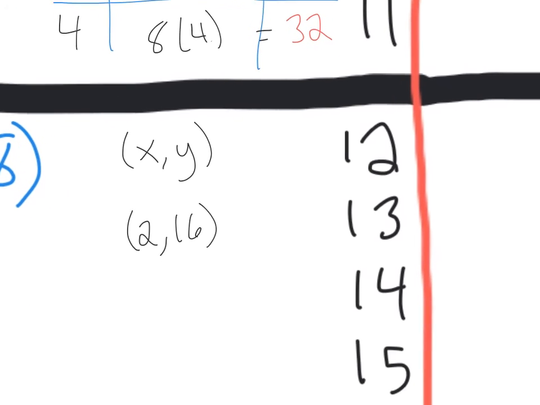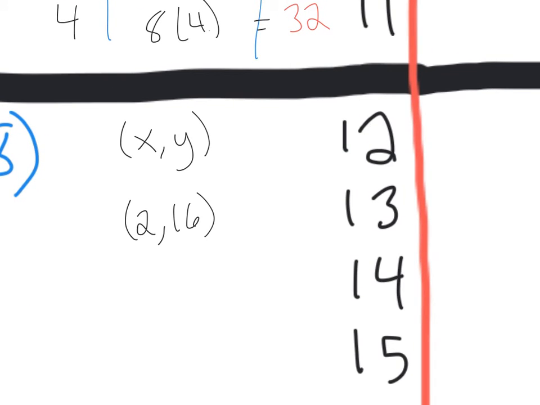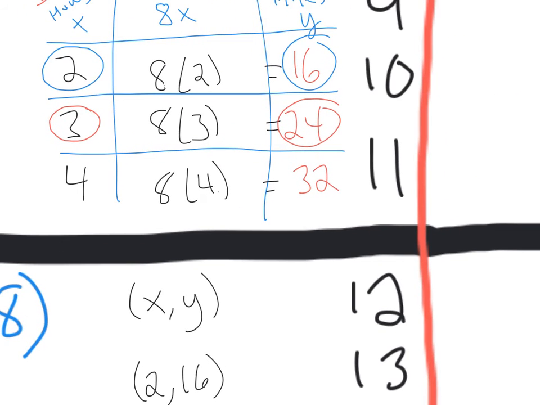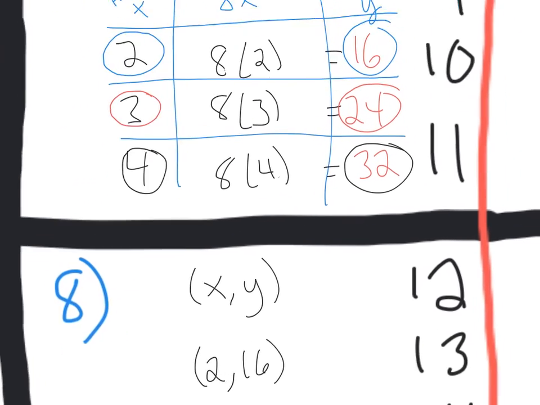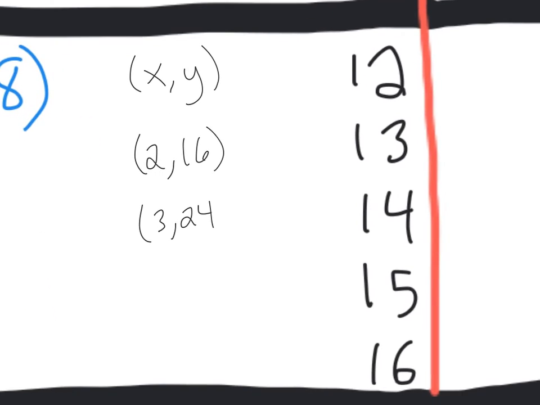So that's my next ordered pair, 3, 24. And then my last example, I had 4 and 32. So x is my 4, my output y was 32. And we'll explore later that these are called independent and dependent variables. But that's a little too much for this video.